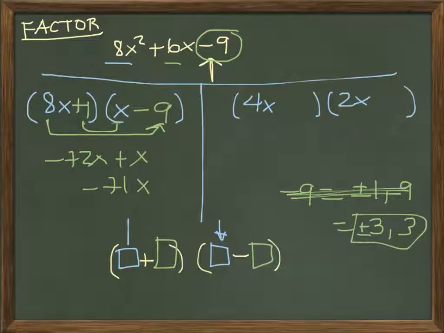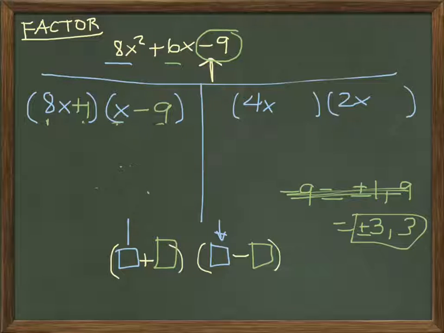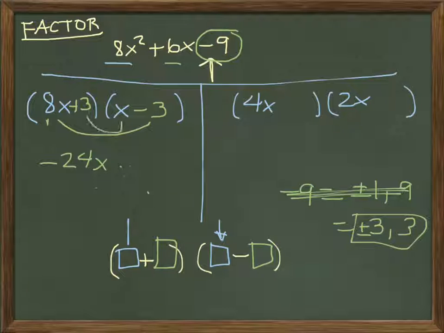So let's start putting the 3 and the negative 3. After a while, you realize that these are still too big. If you put the 3 here and the negative 3 there, you get the cross products: this gives you a negative 24x, and this gives you a plus 3x. It's still too big, that's like a 21x. It doesn't matter if you put them backwards.